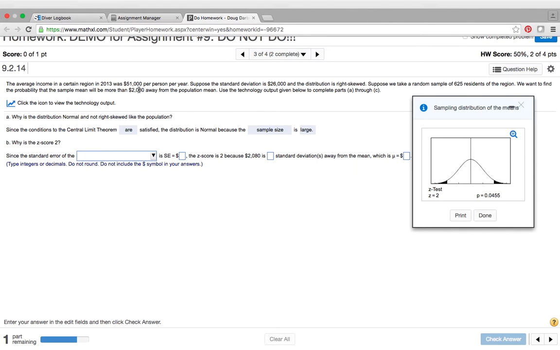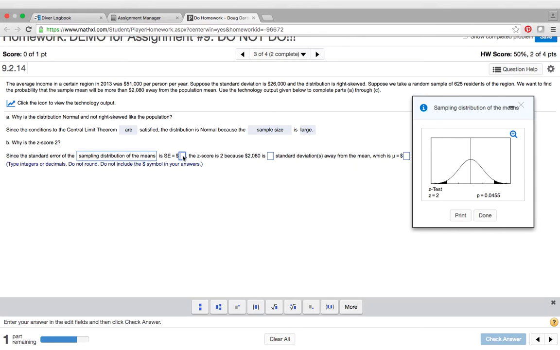Well, if we look at 2080, I wonder why that's going to be. Well, since the standard error of the sampling distribution of the means is what? Well, guys, to find the standard error, we have to take the population standard deviation. So let me go back over to the piece of paper and show you.